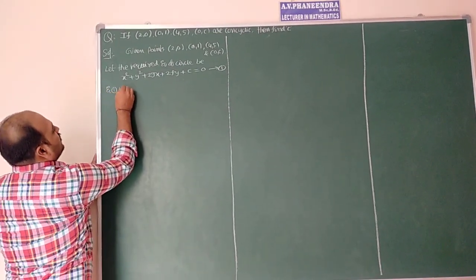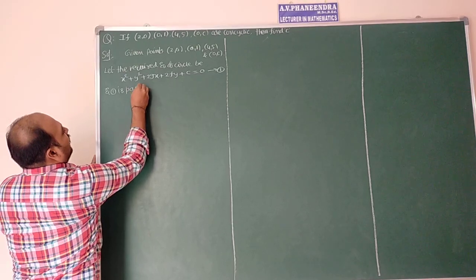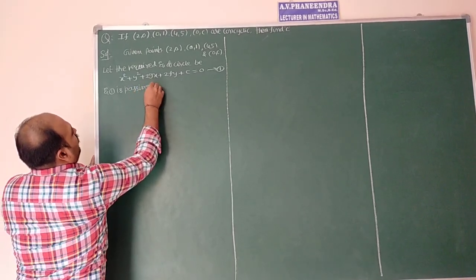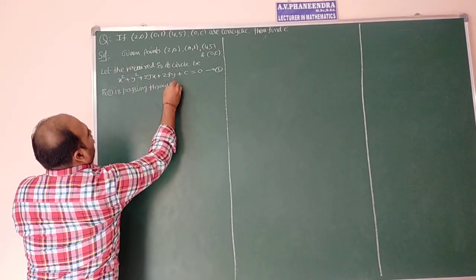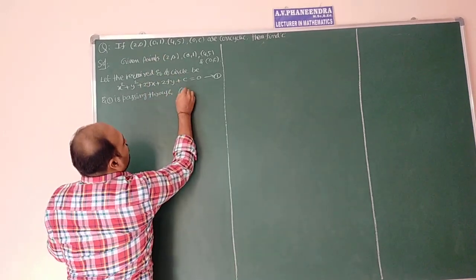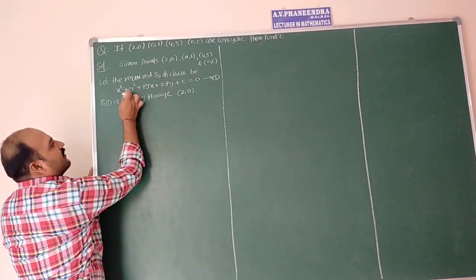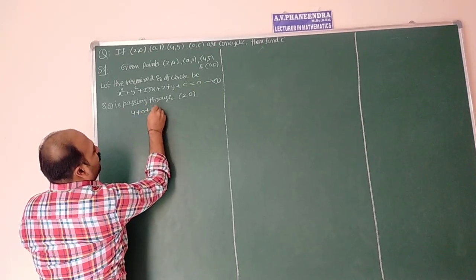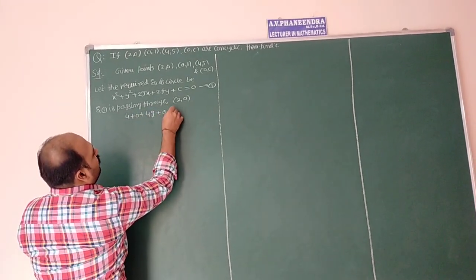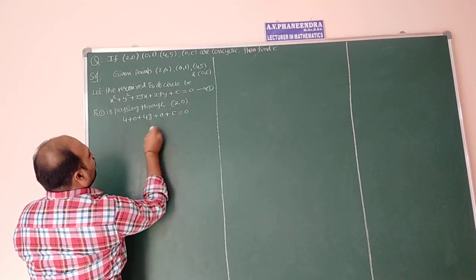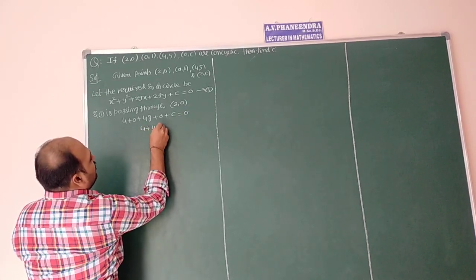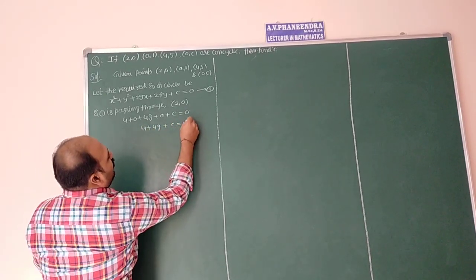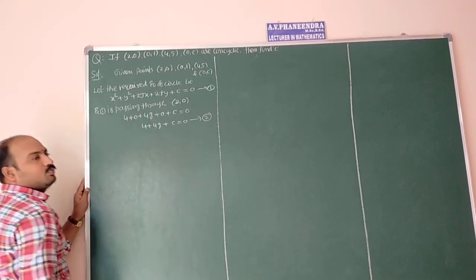Equation 1 is passing through the first point, 2, 0. So in place of x, y, 2, 0, if you substitute, 4 plus 0 plus 4g plus 0 plus c equal to 0. So 4 plus 4g plus c equal to 0. Put that equation number 2.